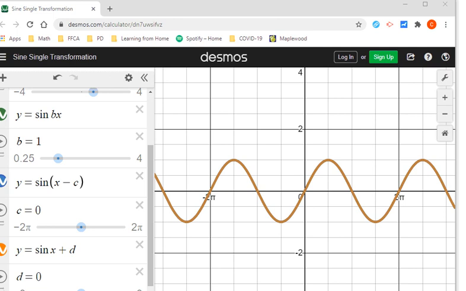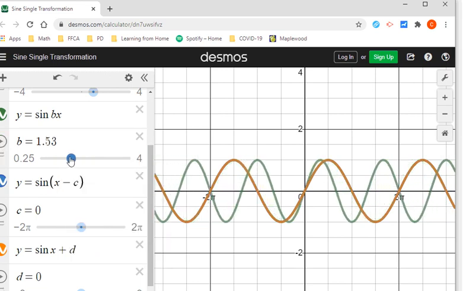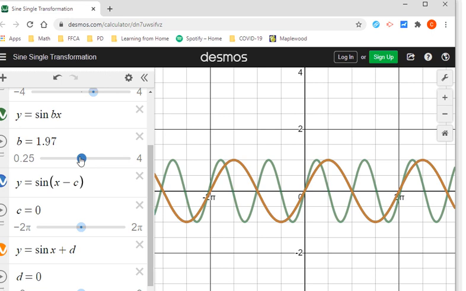Okay. Anybody volunteer to tell me what you think is going to change? Praveen? The period and the zeros. Okay. So if I change this b value to a 2, will the period get bigger or smaller? Smaller. So I'm changing it to a 2, and I think you're right, because it's getting squished horizontally.